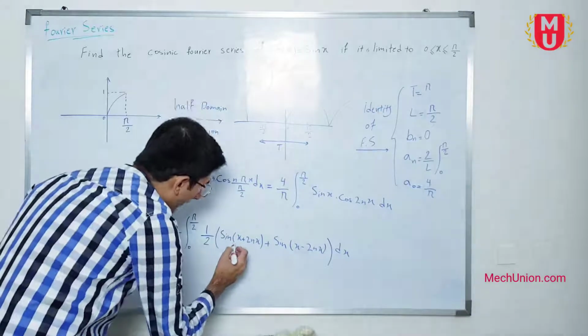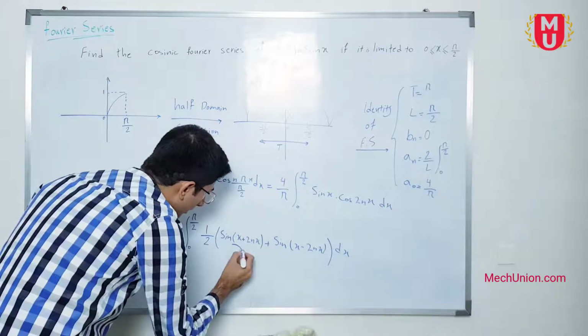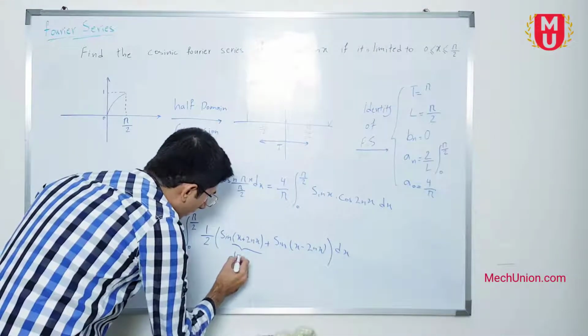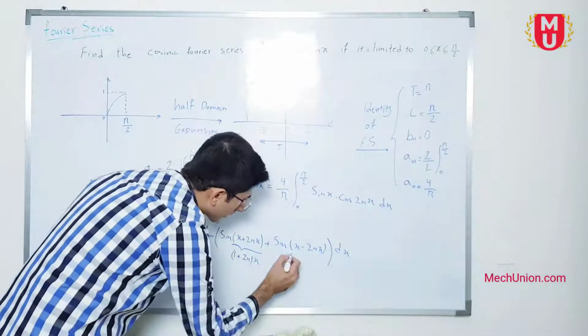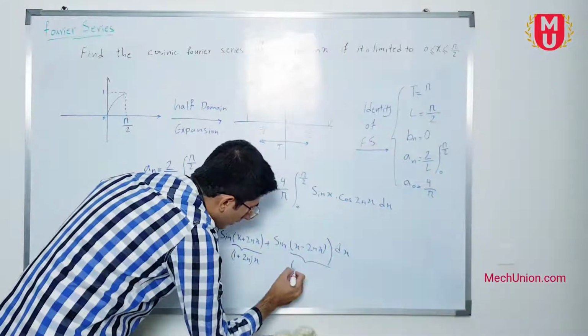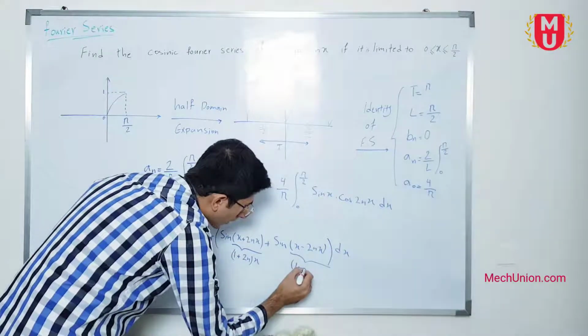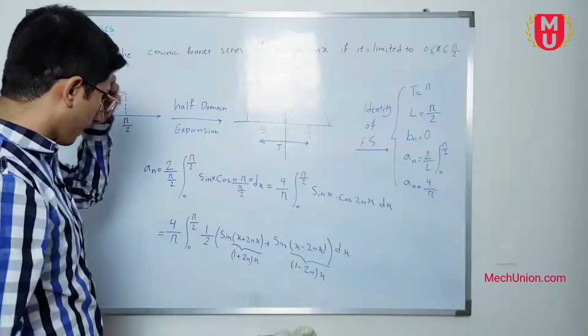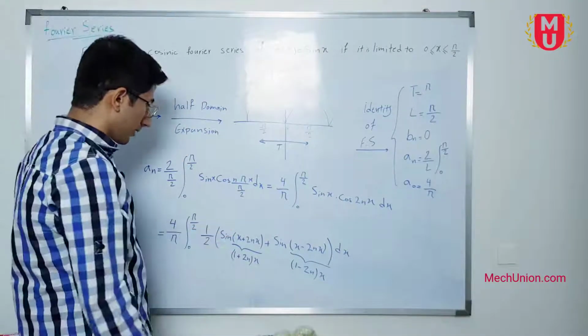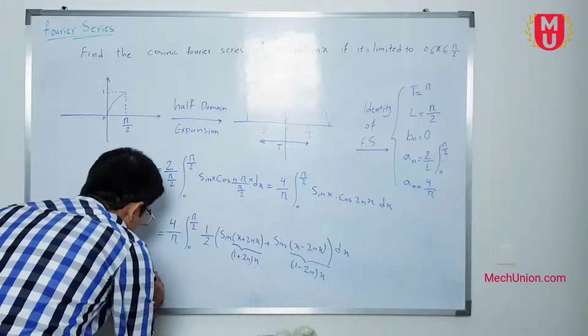We factor out the x, 1 plus 2n times x, and again in this section 1 minus 2n times x. We simply integrate this. It is very easy.